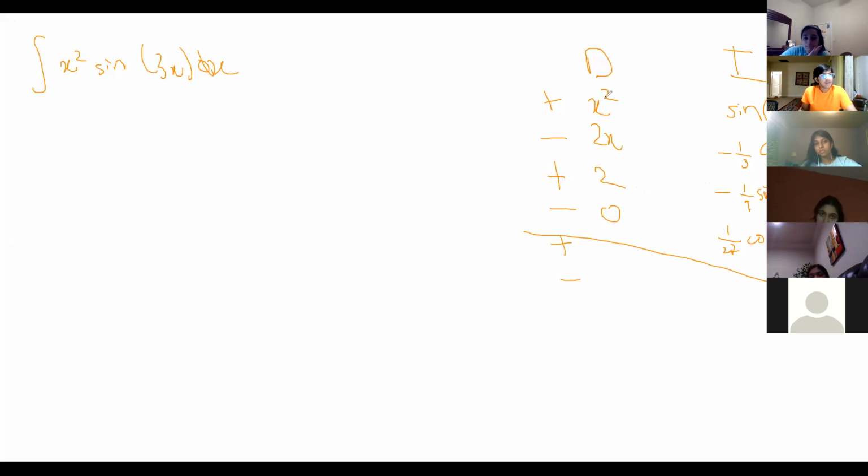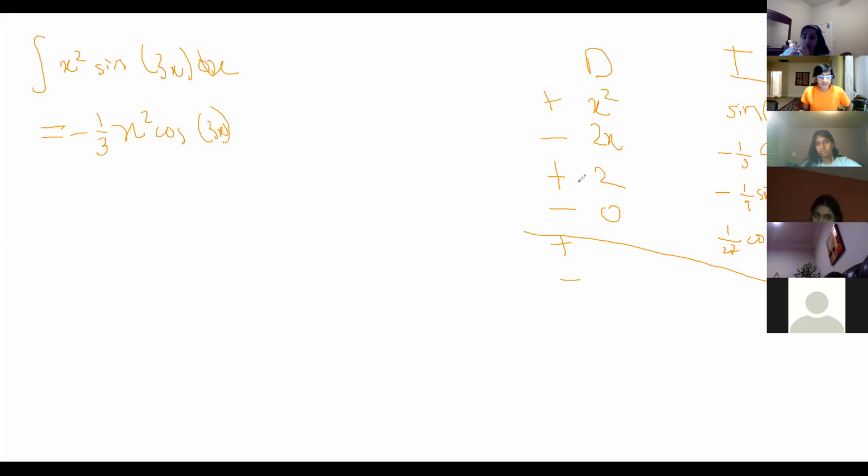Okay, so now I'm going to take the diagonals. If I take the diagonals, x squared times this, I'm going to get negative 1/3 x squared cos 3x. The next one will be plus, because this is a negative.